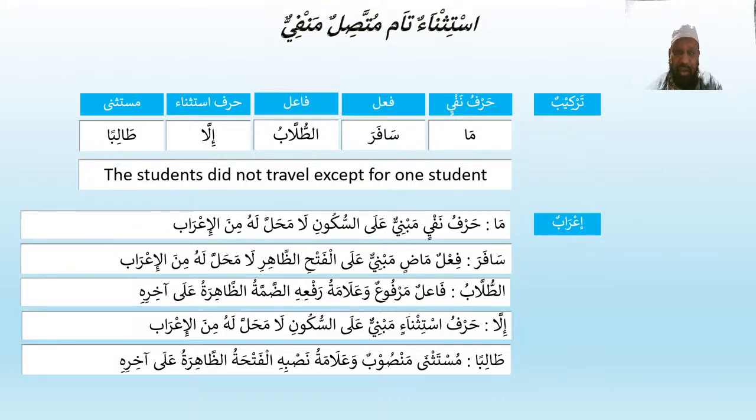Then مفعول فيه, we know it is mansub. حال, we know mansub. مفعول مطلق, mansub. And the rest will be the same. وعلامة نصب الفتحة الظاهرة على آخره. مفعول لأجل منصوب. It's going to be the same. And then مستثنى منصوب وعلامة same, exactly the same.